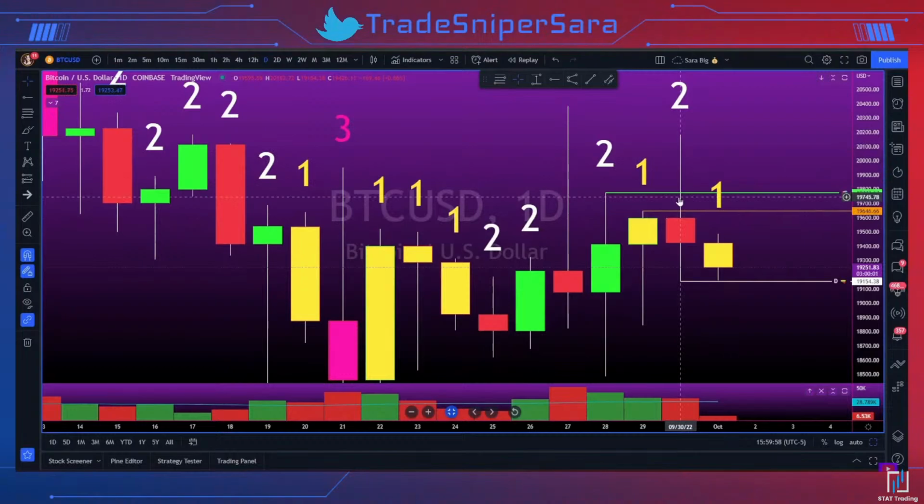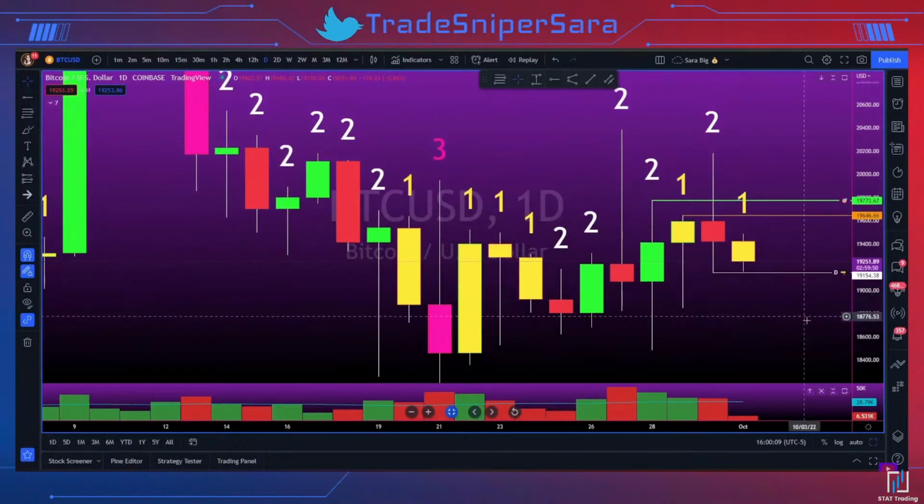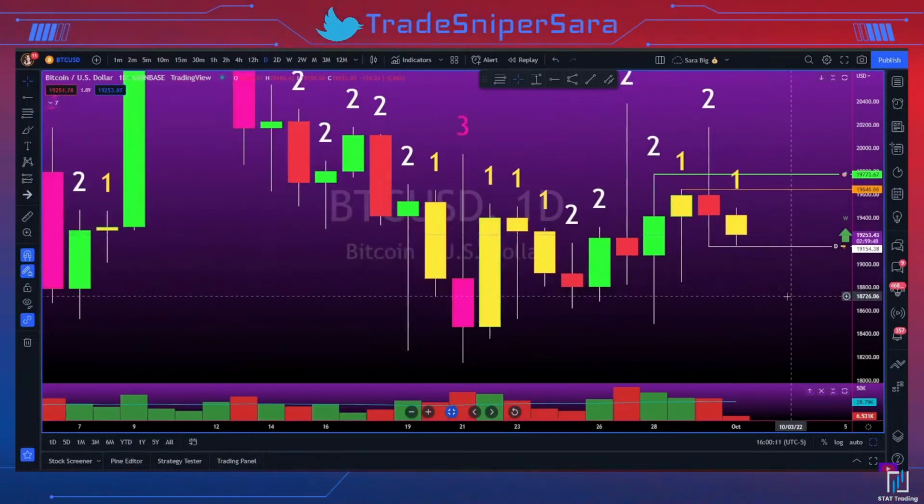It was green to red. So the bulls on their attempt failed. So what's the next 2? 1, 2 up. Is 2 down actionable? It sure is.